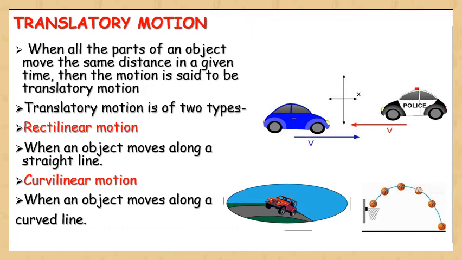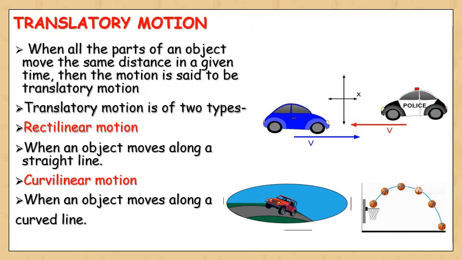Now first, rectilinear motion. When an object moves along a straight line, its motion is called rectilinear motion. For example, a car moving in a straight line, or a freely falling apple. Next is curvilinear.